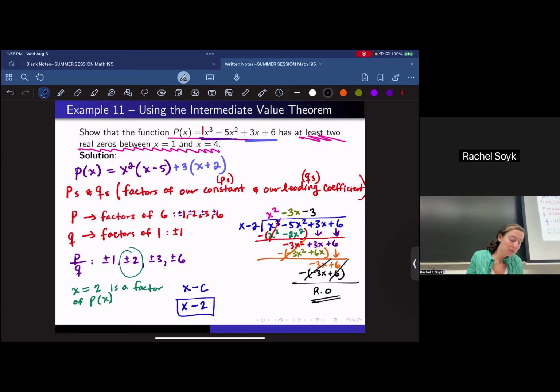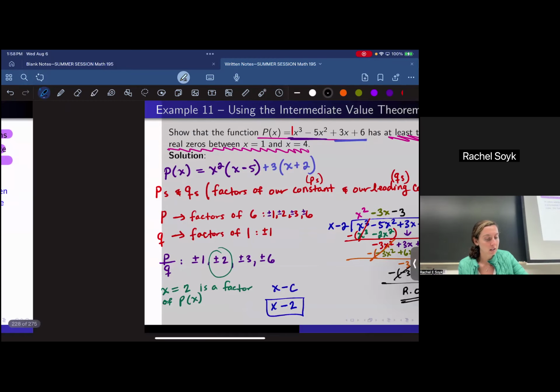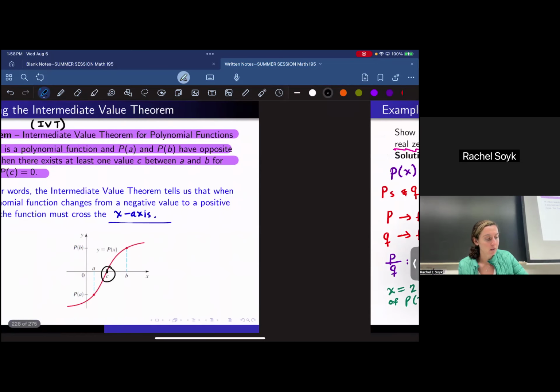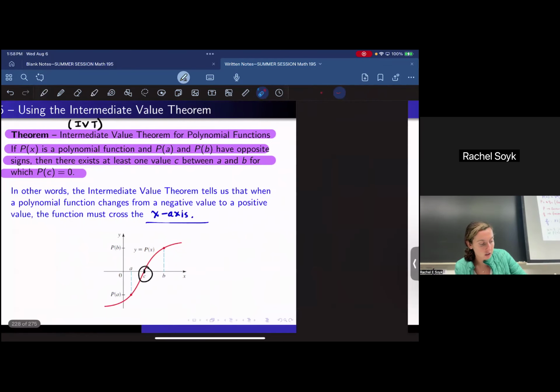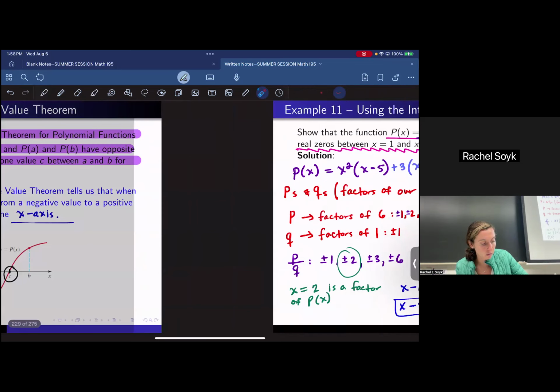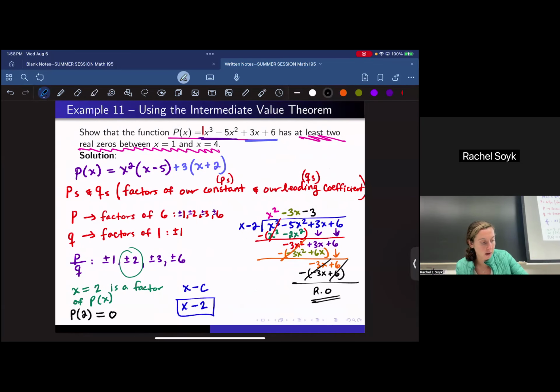Which is amazing, because that indeed proves that x minus 2, aka 2, is a factor of the polynomial based off of the definition that we covered over here. Our P of c is equal to 0. So if we plugged in 2 into our function, we would indeed get 0 out.